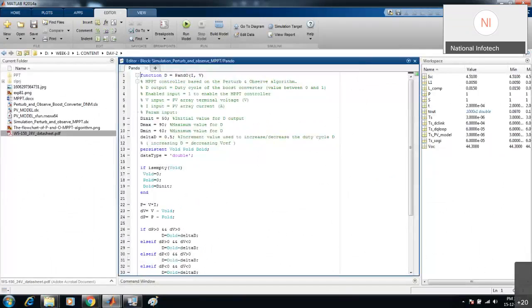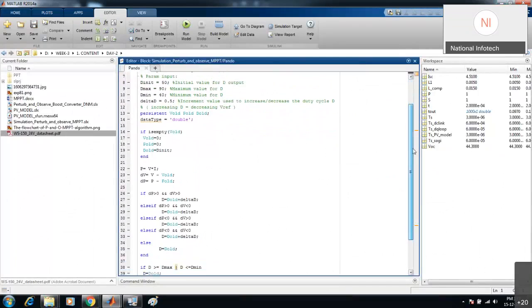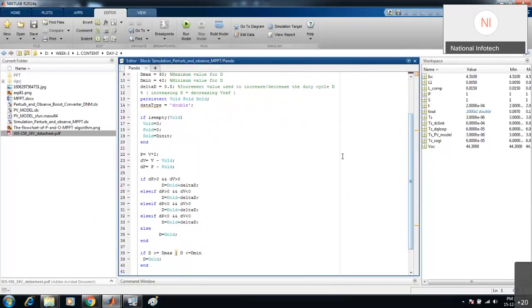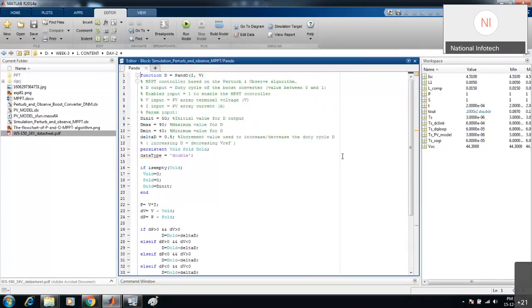So this MPPT algorithm, I think you were asking yesterday how we can write that MPPT algorithm in MATLAB. No, sir. Actually, my question is whether this function block will work in the hardware block or not. Sorry, I misinterpreted it.